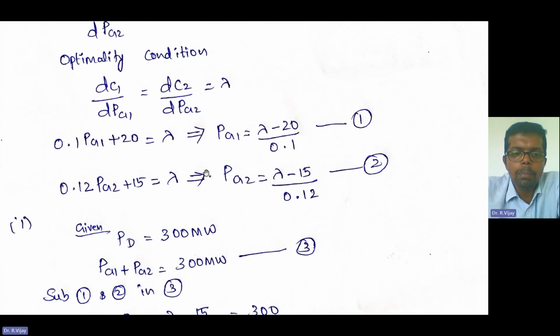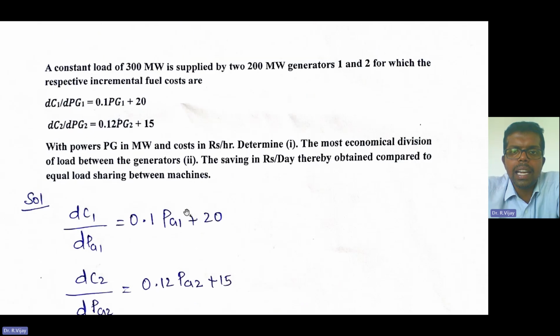What is given in the problem? Demand. Demand is given as 300 megawatt.